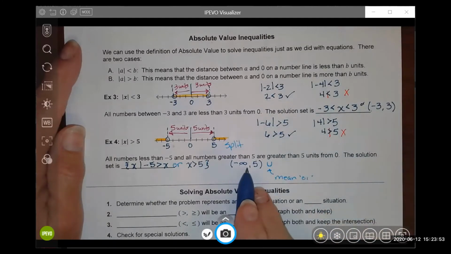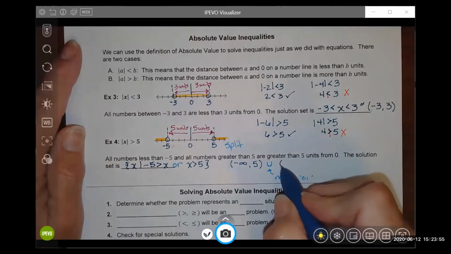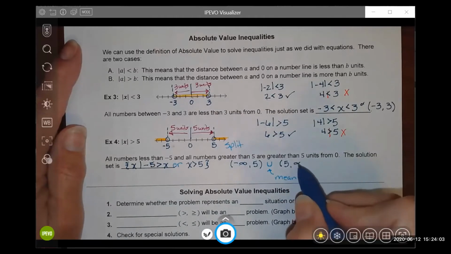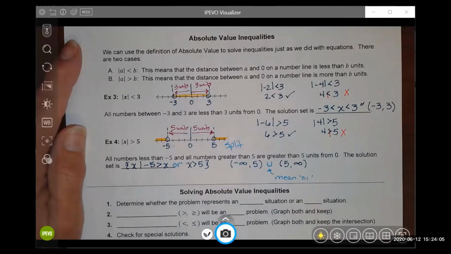So this is one half of my solution set, and the other half of my solution set starts at the number 5. It doesn't touch it, so I'm using a parenthesis, and it continues infinitely in a positive direction. So both of these are the same representation for the number line I've drawn here, and they represent the inequality absolute value of x is greater than 5.